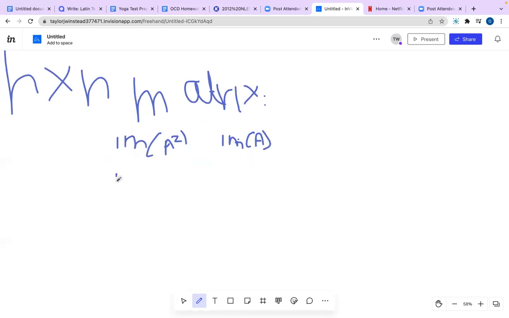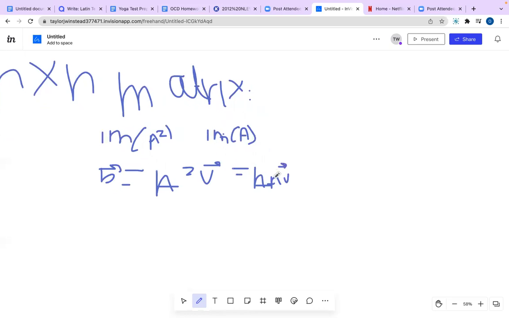So let's say we've got vector B, and we're going to set vector B equal to A squared times vector V, which is also the same thing as A times A V, right? And that's in the image of A squared, obviously. So we can also write vector B as A, and then we can use associativity to say A times AV.